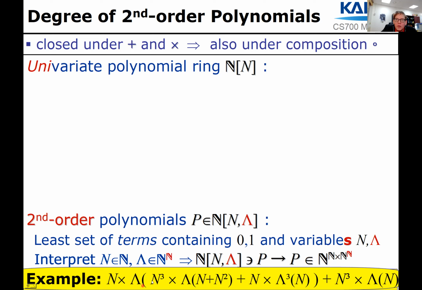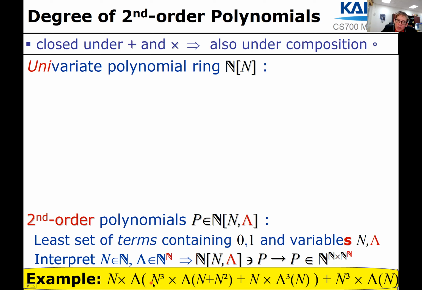So here we have to impose that. Here it's not a consequence. Here it's an axiom, closure under composition, namely the argument to the second order variable lambda is in terms a second order polynomial, which also involves lambda and n, like here.